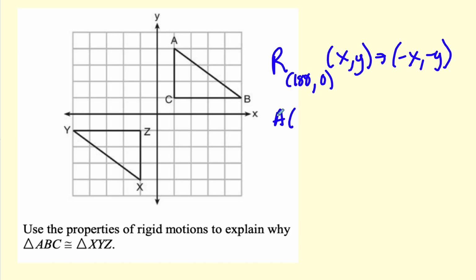I'm going to take point A, which is (1, 4), and use the rule, and the result will be (-1, -4). Remember that A is supposed to map onto X, so let's see if that's where X is located. And sure enough, X is located at (-1, -4). So I know that this rigid motion does work.